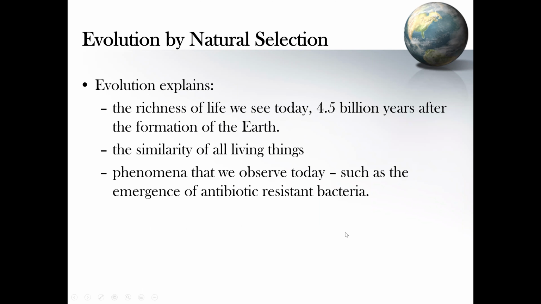So evolution by natural selection is a process that helps us understand why there is so much diversity in living organisms. Evolution has led to that diversity, but it also explains similarities between all living things.